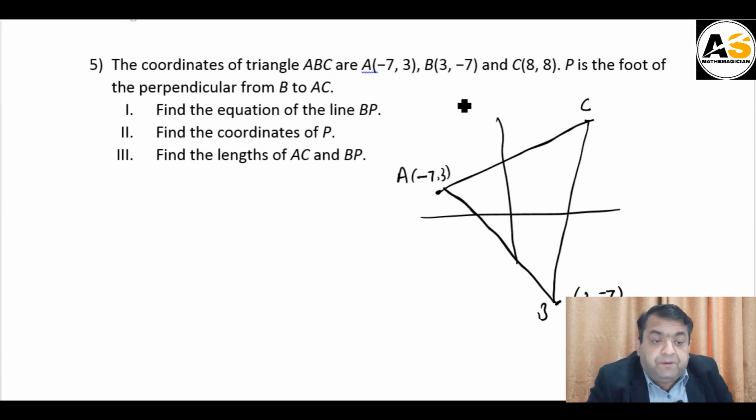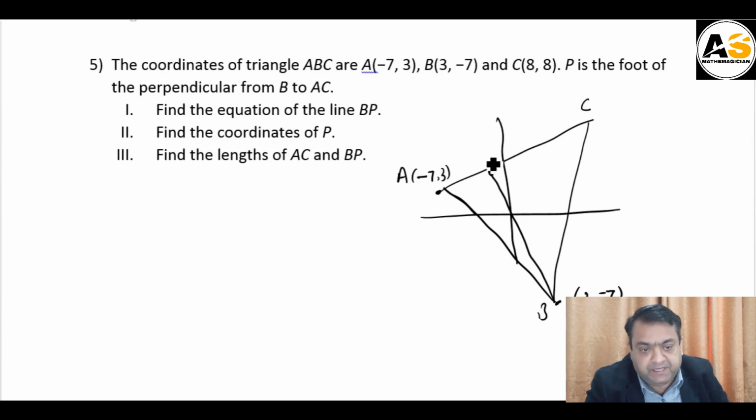P is the foot of perpendicular from B to AC. From B, we are drawing a perpendicular line to AC, and it meets AC at P. Find the equation of line BP.